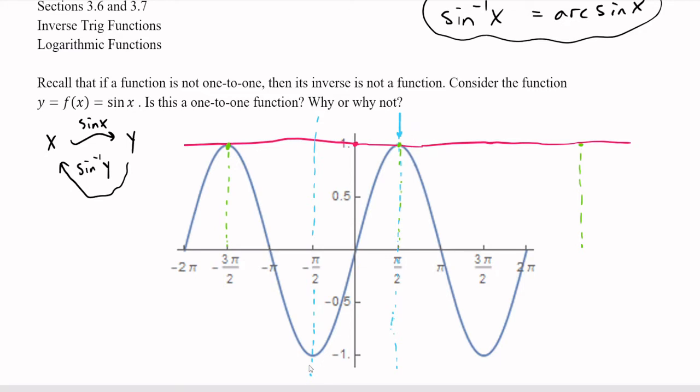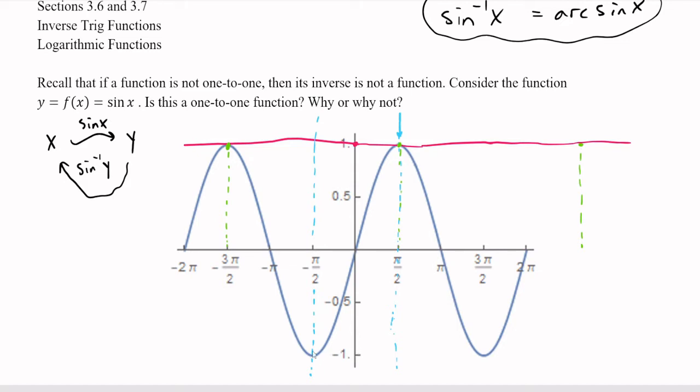So the idea is to restrict down to go from one valley to one top, just between the blue lines. Focus only on sine between the blue, and ask yourself: pick any y value between -1 and 1.